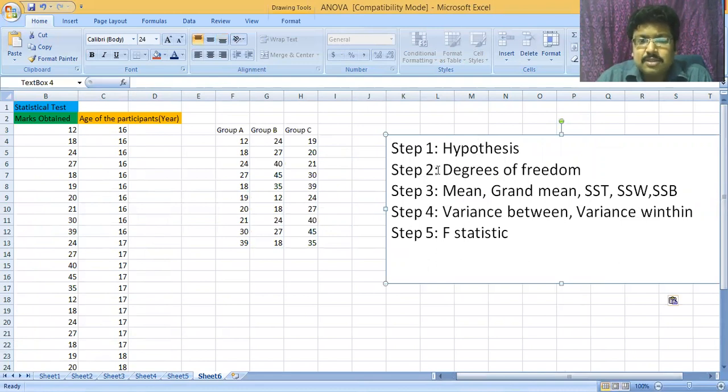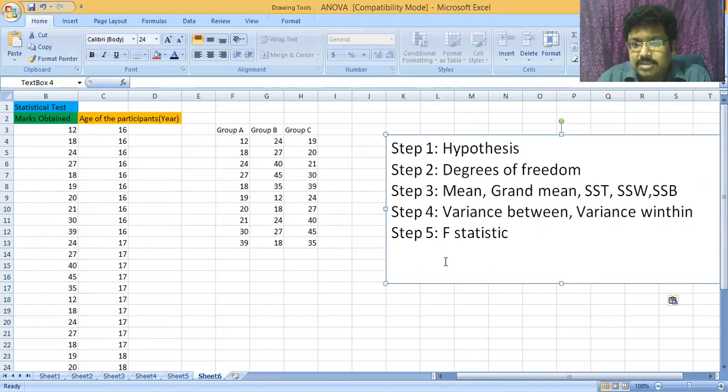In the first step, you have to identify the hypothesis, and then the degrees of freedom: degrees of freedom between, degrees of freedom within, and degrees of freedom total. In step 3, you find the mean, grand mean, sum of square total, sum of square within, and sum of square between. In the fourth step, you find the variance between and variance within.